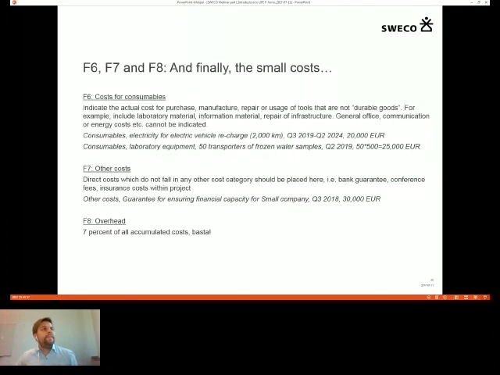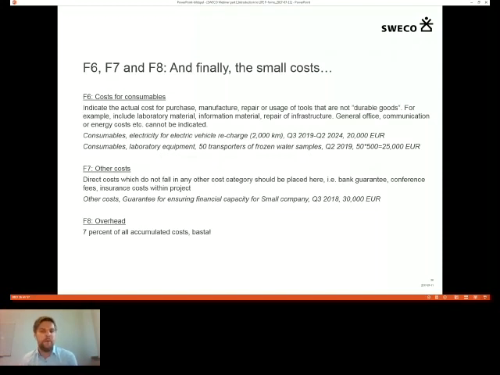Then the smaller costs, still important to put them to get the cost in the right place. Costs for consumables. This is smaller things that you use on a regular basis. This would include actual costs for purchase, manufacture, repair, and usage of tools that are not considered durable.